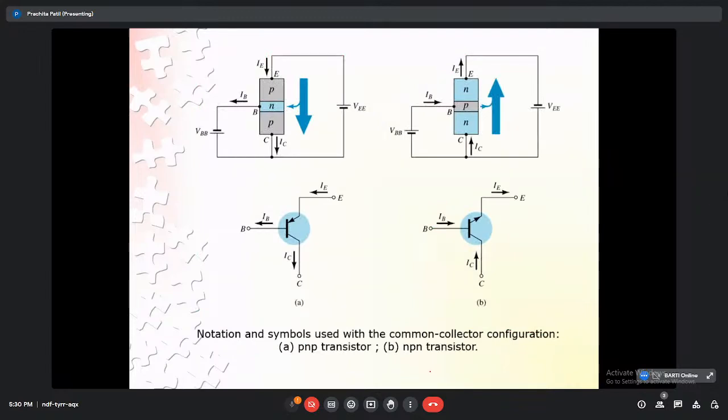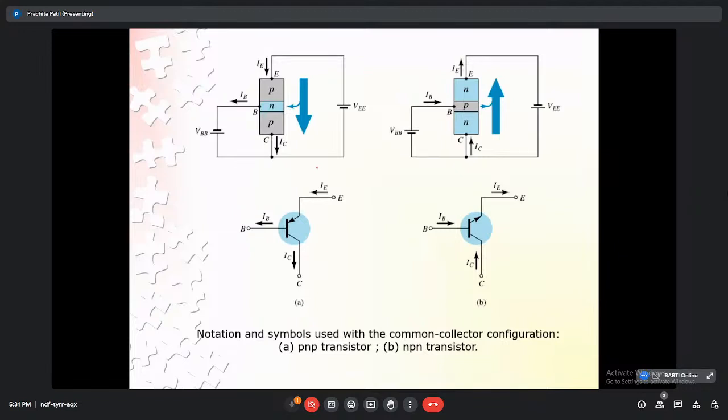Again here we can make the collector common to emitter and base, and accordingly we can show the diagram. So here you can see how the collector is common and how the circuitry is made. Here we have given potential to base to collector, and here you can see the emitter to collector.